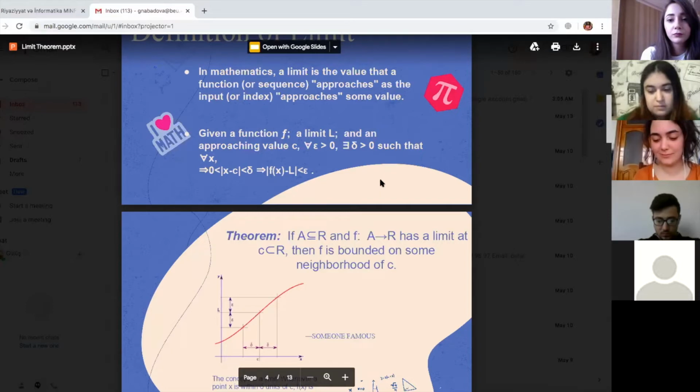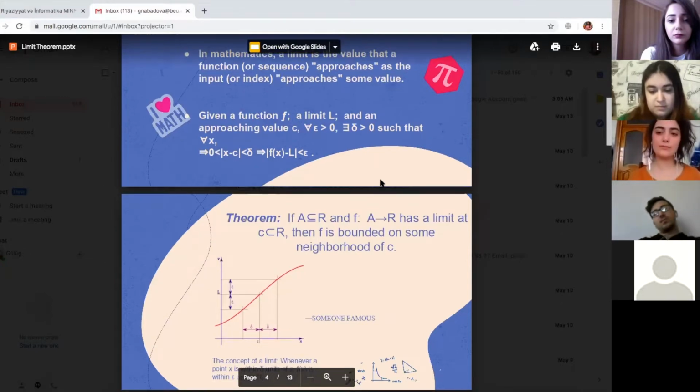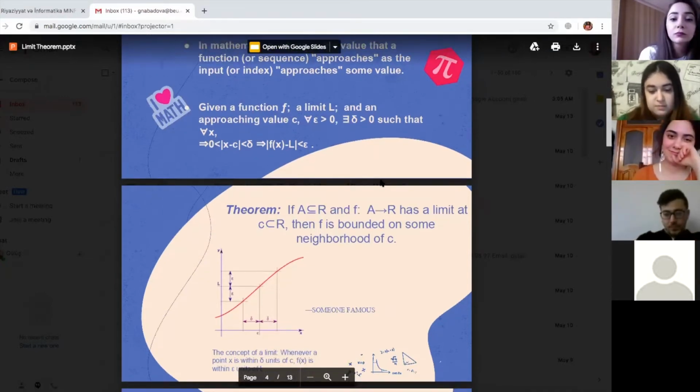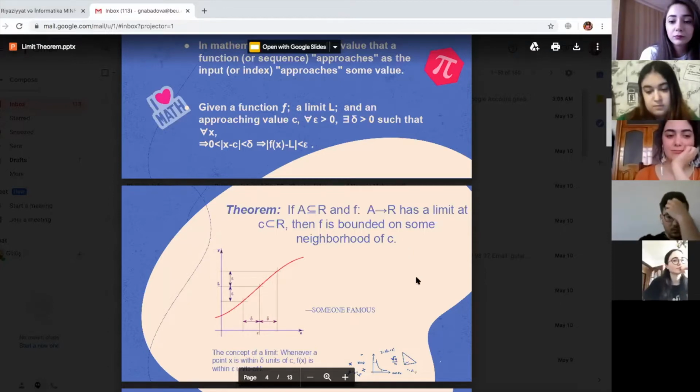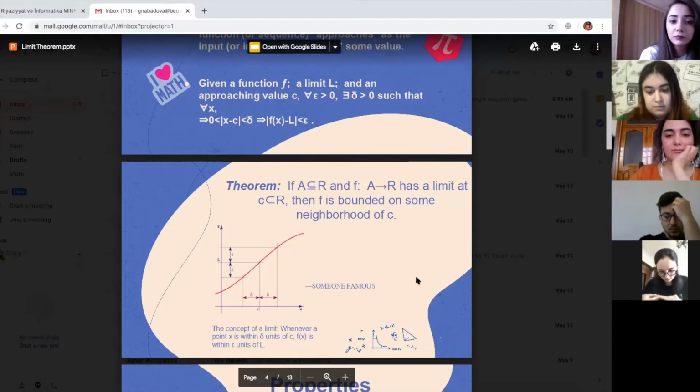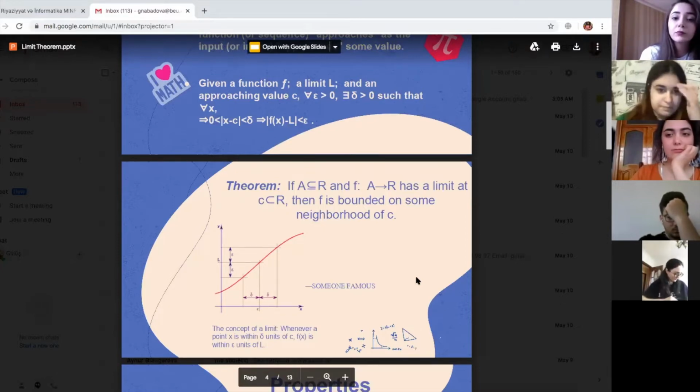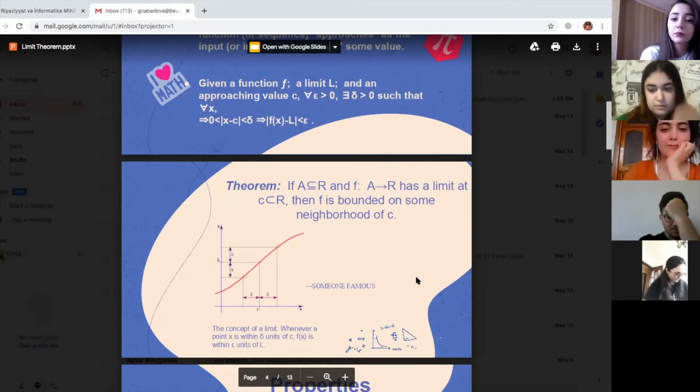For example, we have a given function f, its limit L, and the approaching value c. For every epsilon greater than 0, there is a sigma greater than 0 such that for all x, if 0 is less than |x minus c| less than sigma, then |f(x) minus L| is less than epsilon.